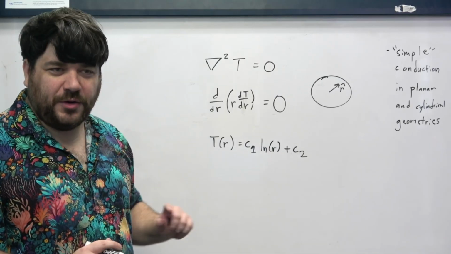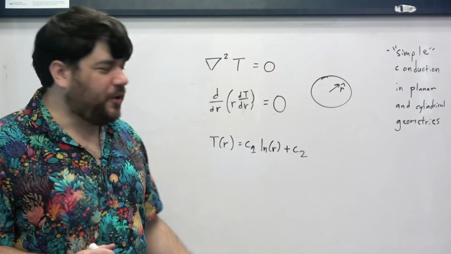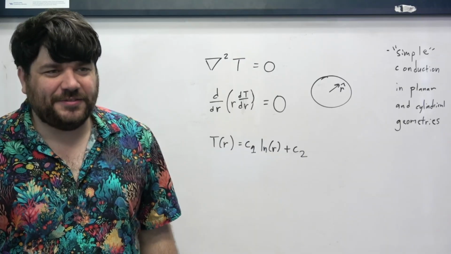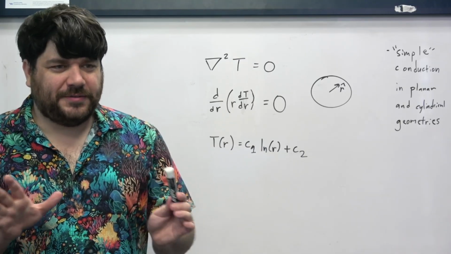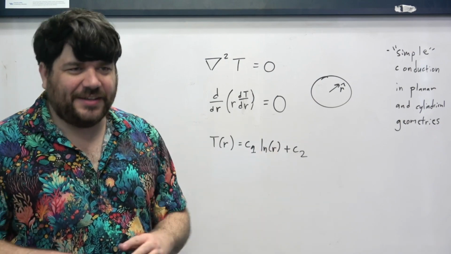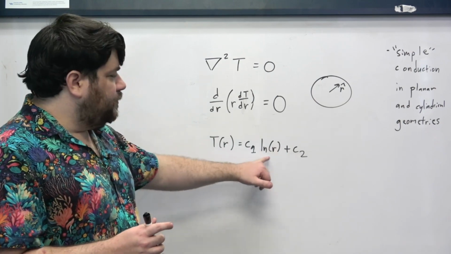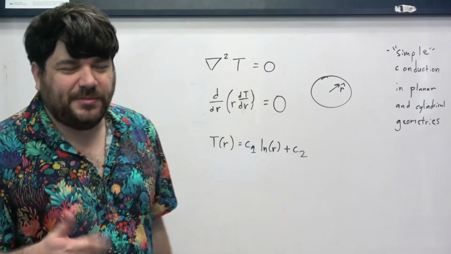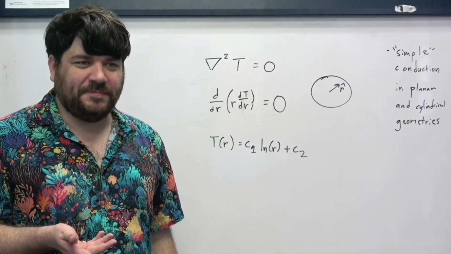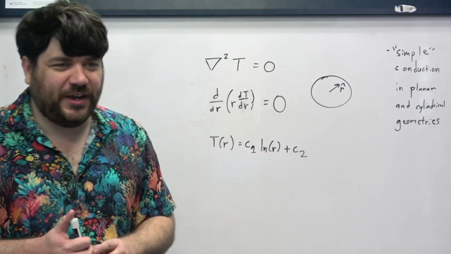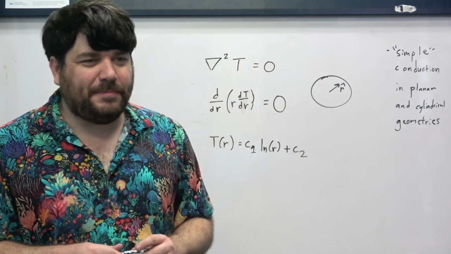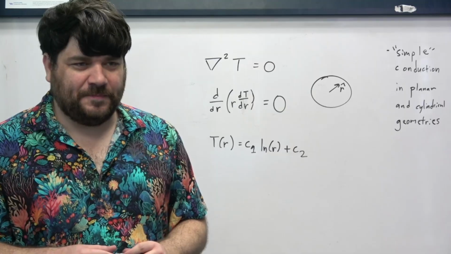A logarithmic term, which is coming from the integral of the 1 over R, and then a constant, just like in the planar sense. So we still have a constant, which is maybe expected, but now the temperature profile is always going to be logarithmic. This is the key change of what happens in cylindrical systems.